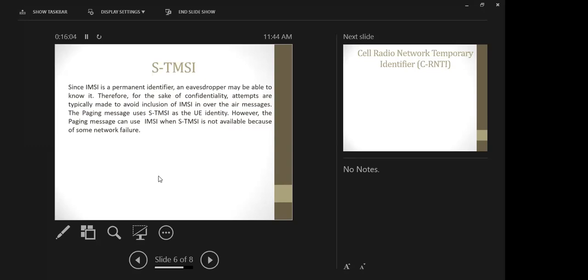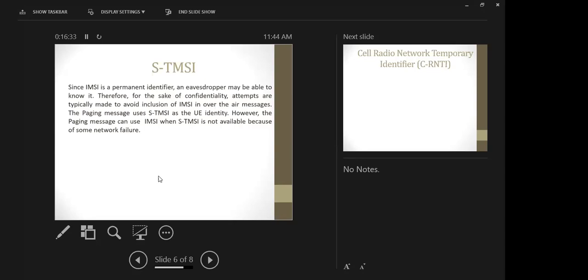There are a lot of security measures, but if they can breach all the security and capture the information from the IMSI, they will identify that these are your messages, because evildoers will be interested in some particular person.